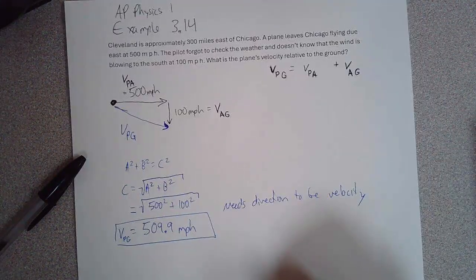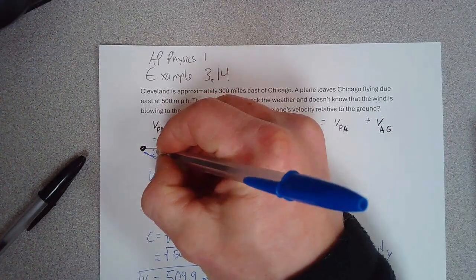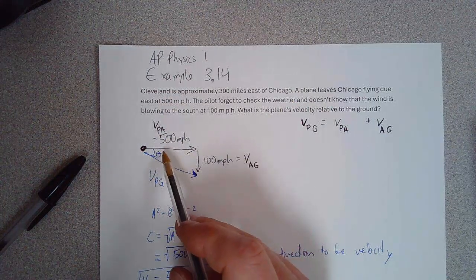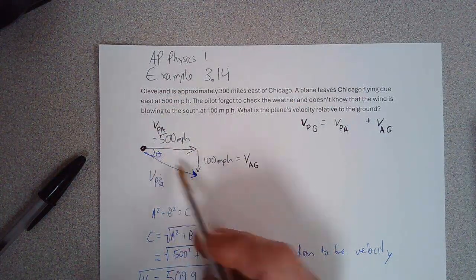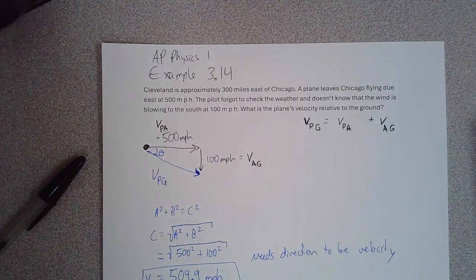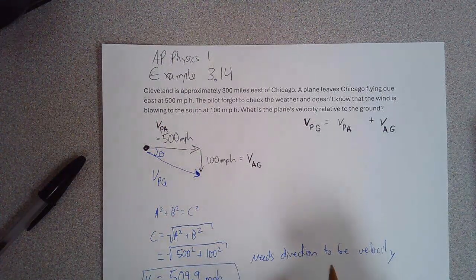So we're not quite done yet. So with that, I also need this angle, because I can report that as an angle, how many degrees south of east the plane is actually traveling, and that the pilot may be thrown off course if no corrections are made.